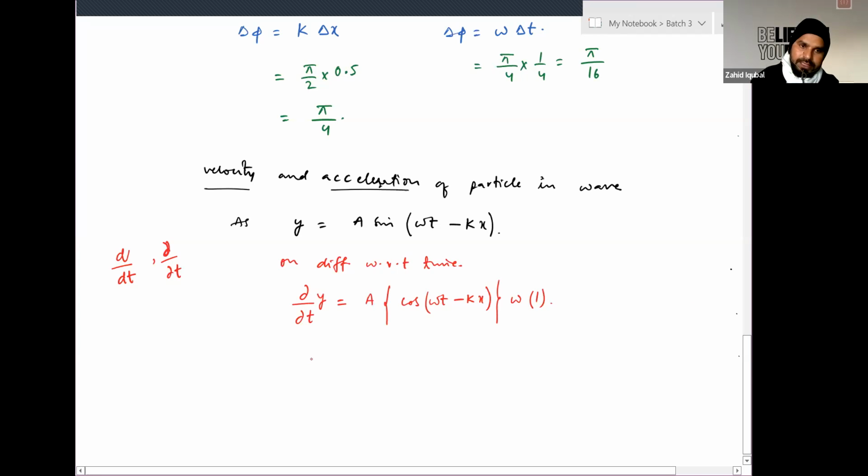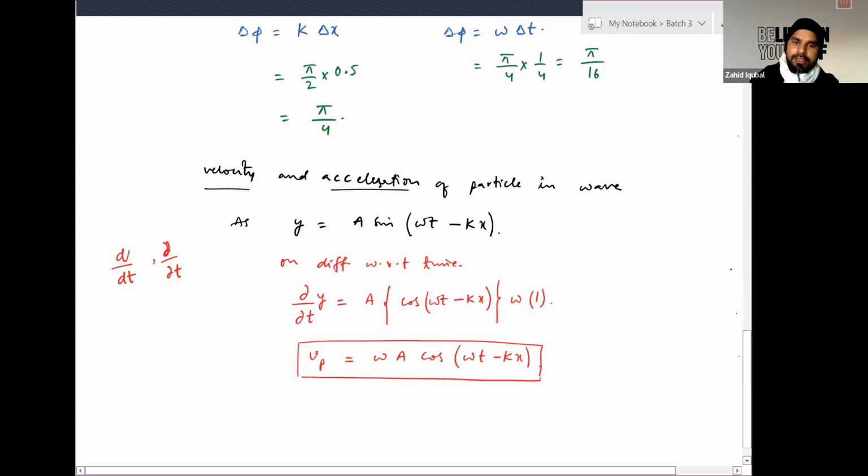So dy over dt, the particle velocity, equals omega times A cos of omega t minus kx. Now cos has a maximum value of 1, so the maximum velocity of the particle will be omega times A.